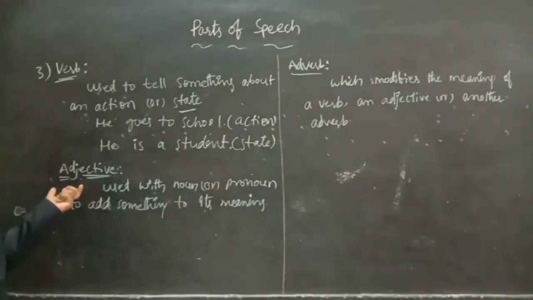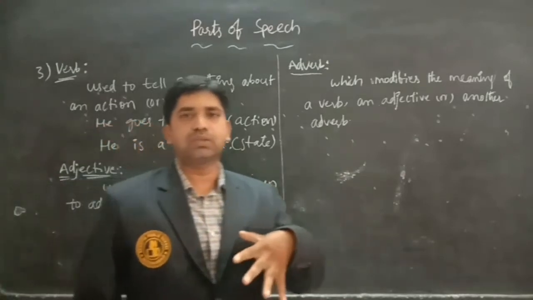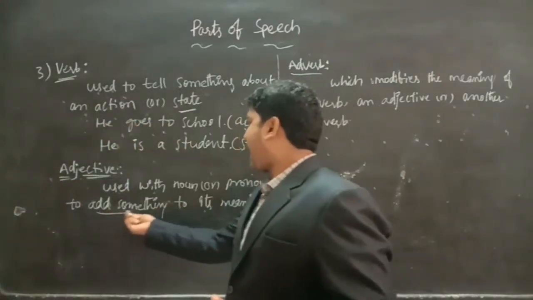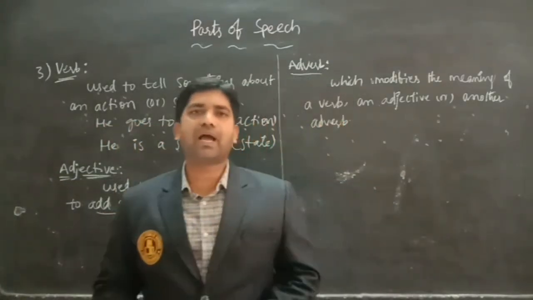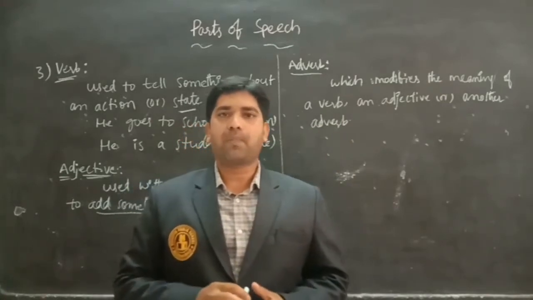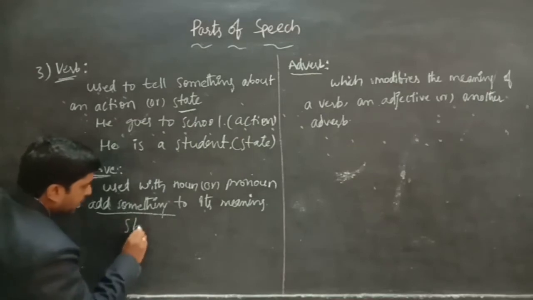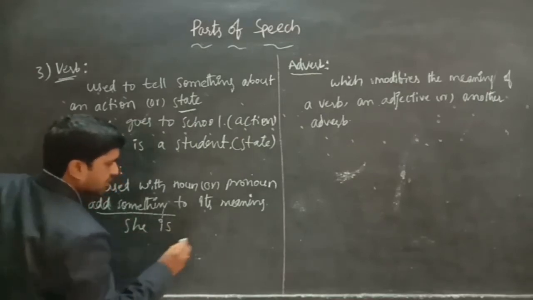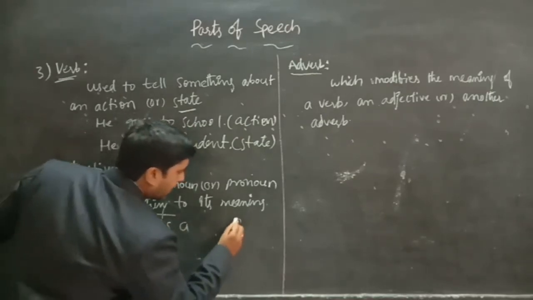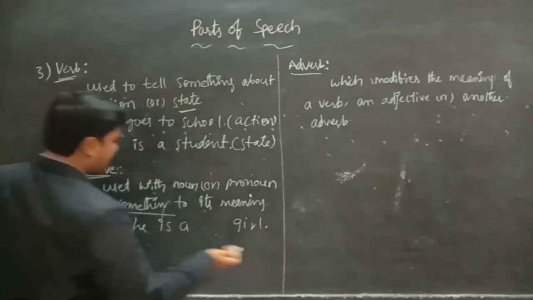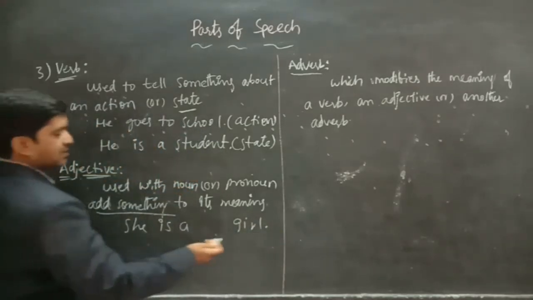Here adjective. Adjective we use to add something to the meaning of a noun or pronoun. Here see the example. She is a girl. Here we are saying that she is a girl.